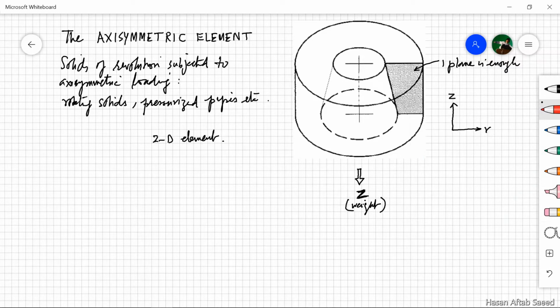If you are using simplex elements, you will do this kind of meshing. So you are only requiring basically two coordinates, r and z. r is the radial direction, z is the axial direction.